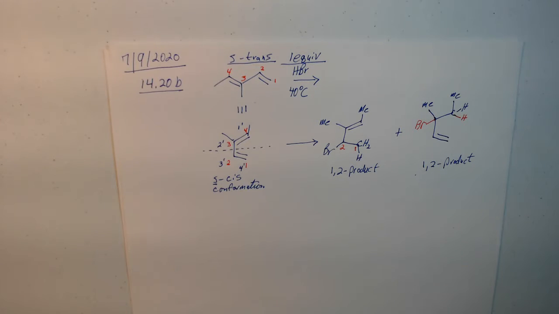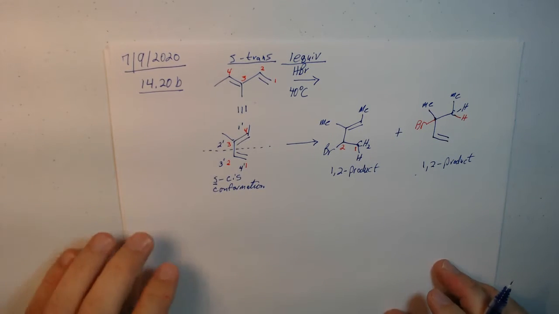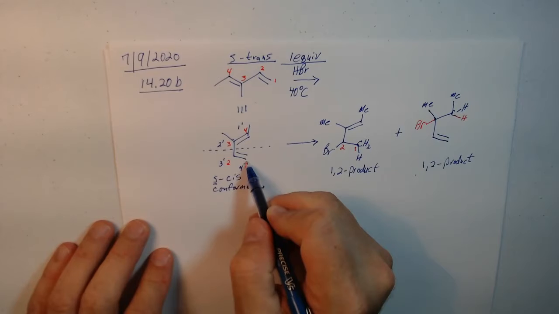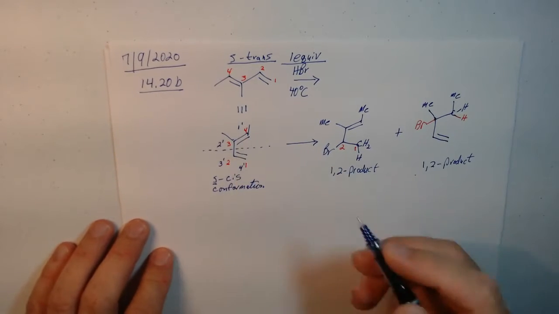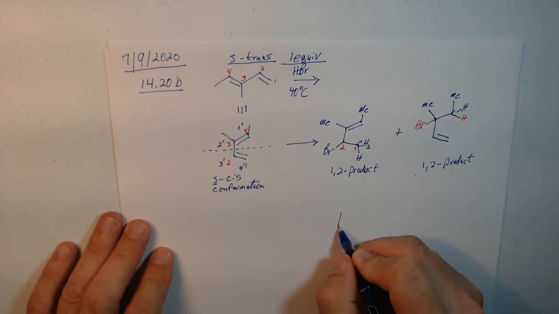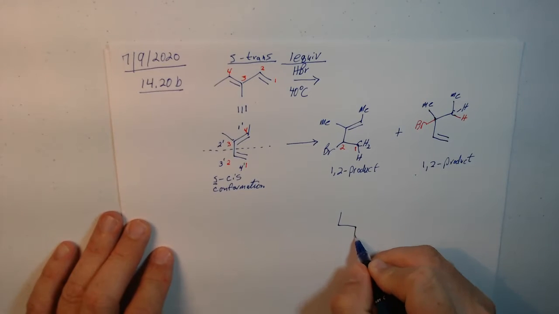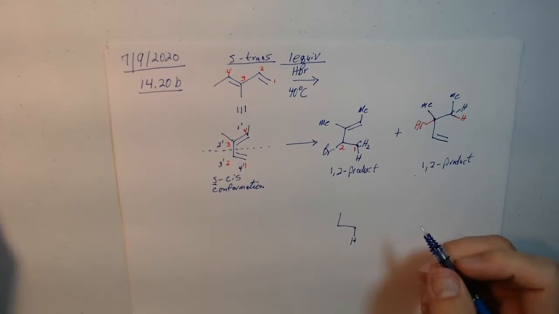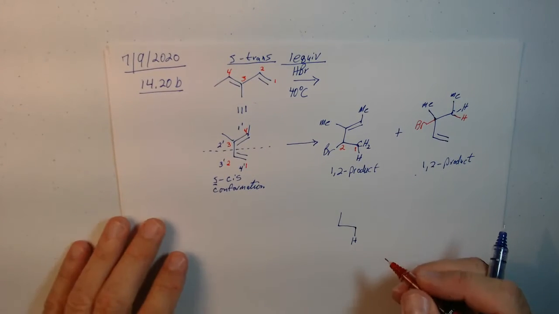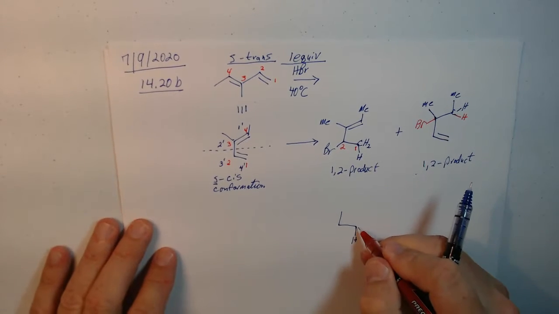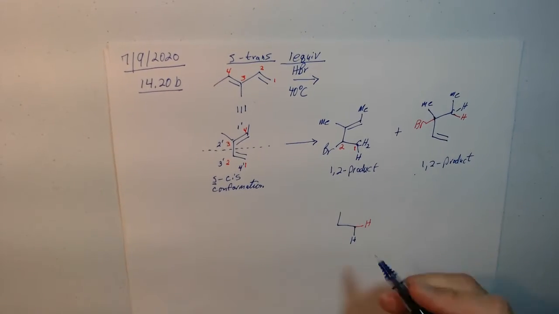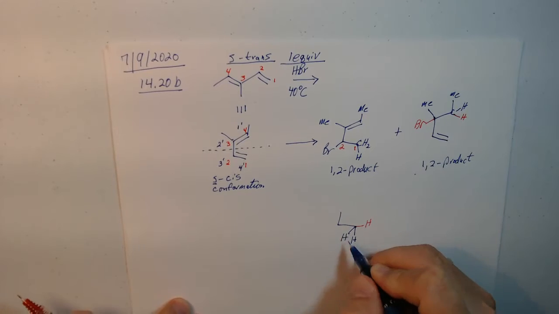And if we now look at 1-4 addition, that is, if the hydrogen adds 1 and the bromine adds 4, there's the hydrogen that I'm adding. Let me make it red. And there were already 2 hydrogens attached to that carbon.